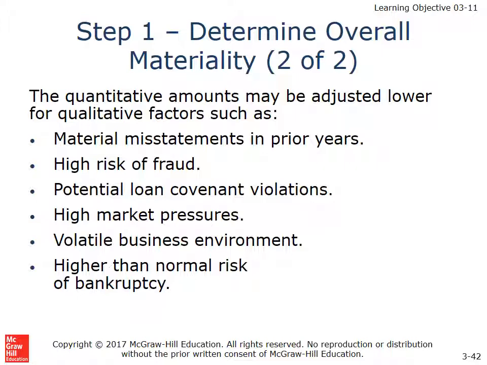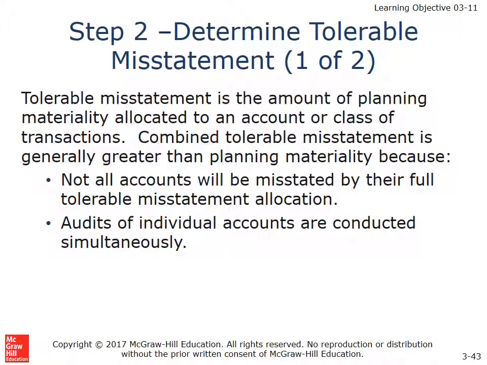You're basing it on professional judgment, remember. So that's how we find overall. And your book does mention it's usually about 5% of income before taxes. That's a norm. But you may select something else.